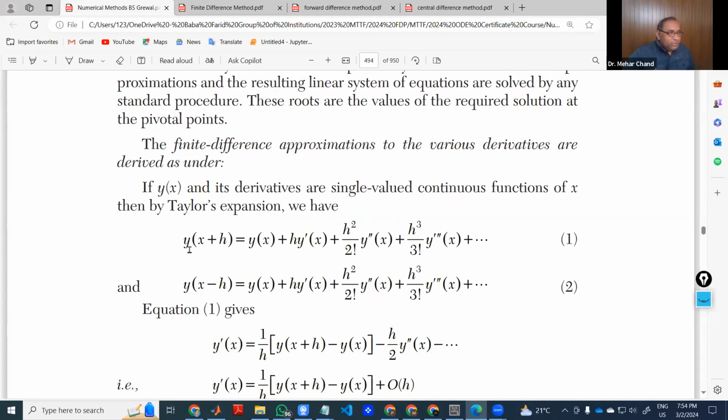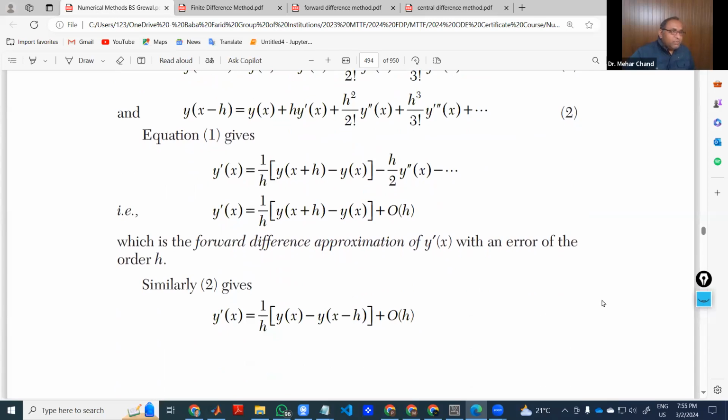If y(x) and its derivative are single valued continuous functions of x, then by Taylor series we have these two equations, equation 1 and equation 2. From equation 1, we can write y'(x) = 1/h [y(x+h) - y(x)] - (h/2) y''. Then further you can rewrite it as y'(x) = 1/h [y(x+h) - y(x)] + O(h).